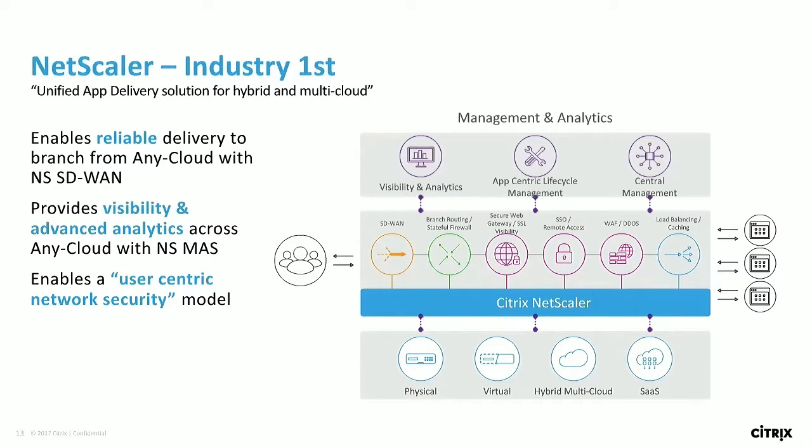What we've learned, based on talking to analysts and our customers, and even our own experience, is that roughly 40%, 50% of apps will remain on-prem. Looking 3 or 4 years down the road, maybe 50%, 60% of apps will be in the cloud. So what you end up with is apps on-prem and apps in the cloud for the foreseeable future. That's one aspect of this.